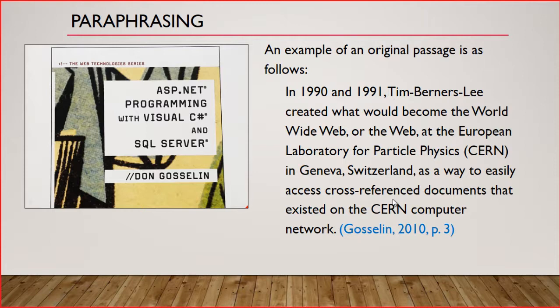Because this is a block code using APA, after the full stop I have the author's name, Goslin, just the surname, the family name, comma, 2010. This book is published in 2010, comma, P3, meaning page number 3. So this is one sentence, word by word.